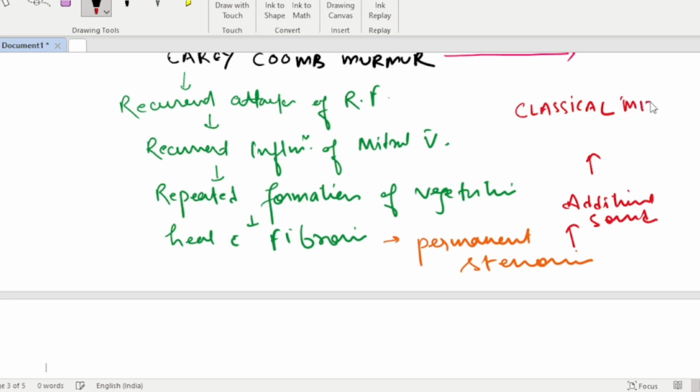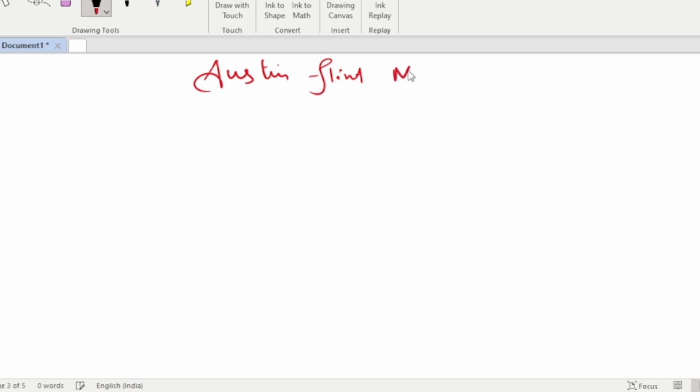So because of rheumatic heart disease or rheumatic fever, we have two types of murmur: the acute murmur and the chronic murmur. The acute one is known as the Carey Coombs murmur, and the chronic one is called the classical mitral stenosis murmur.